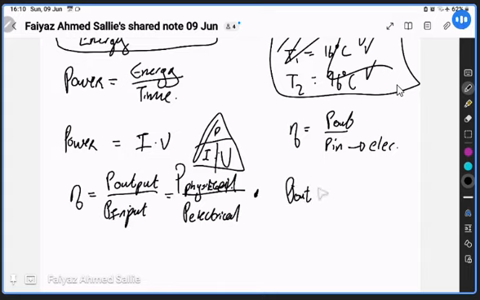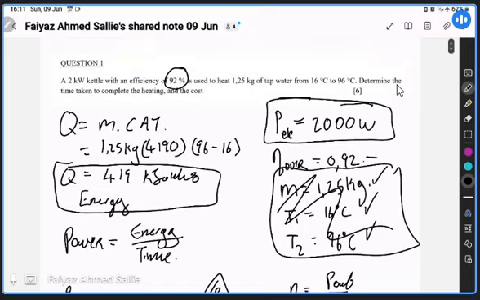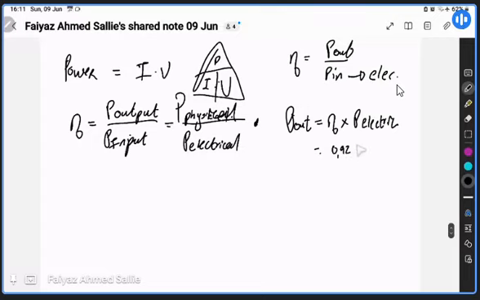The power out by the kettle is equal to the efficiency multiplied by the electrical power. So it's going to be 0.92, which is 92% converted to a fraction, and then electrical power of 2000 watts. The answer there would be 1840 watts.